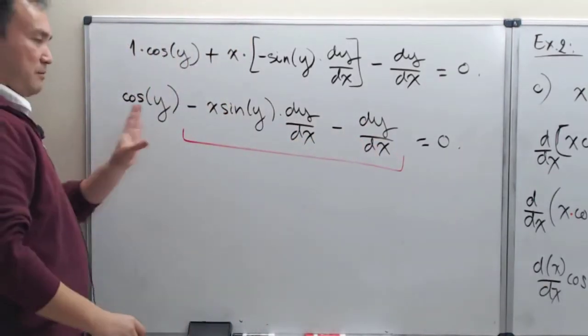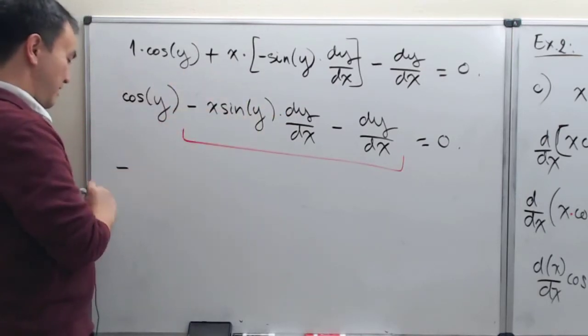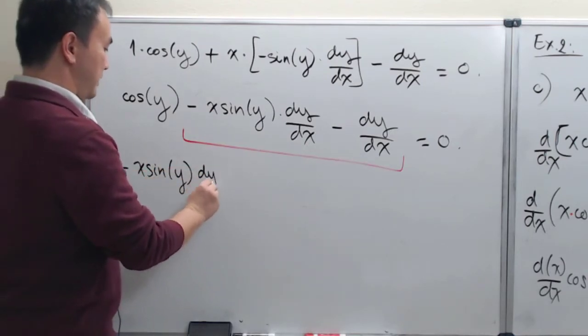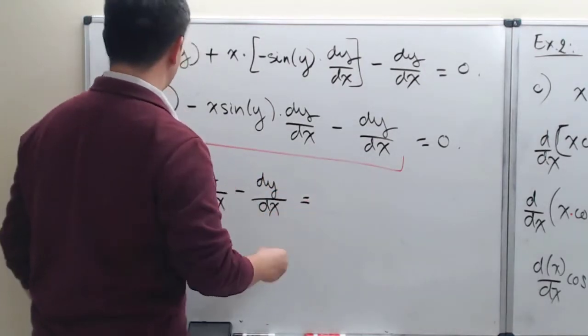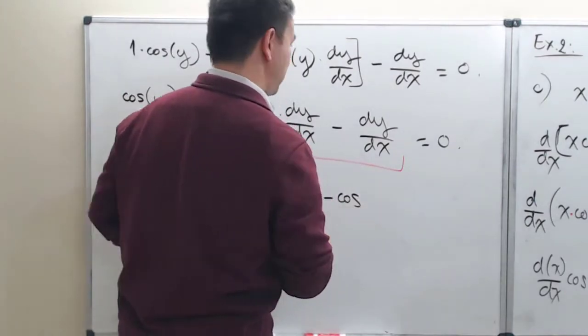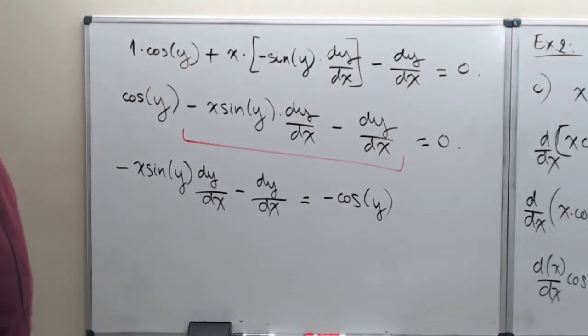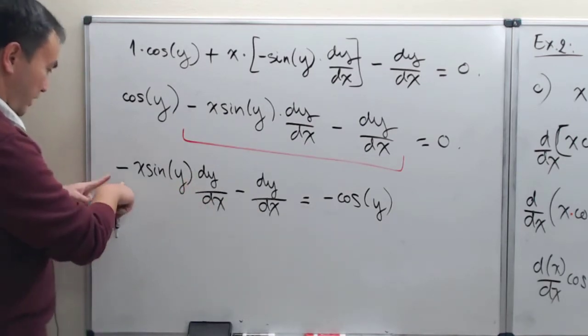So in my next step, I'm going to bring this term cosine of y to the other side. Now I have x times sine of y times dy dx minus dy dx, and 2 equals negative cosine of y. In my next step, I'm going to factor out the dy dx, together with the minus sign.